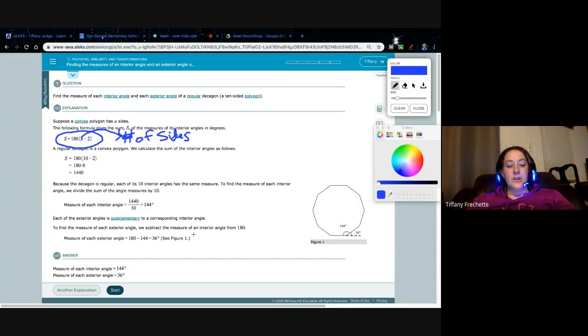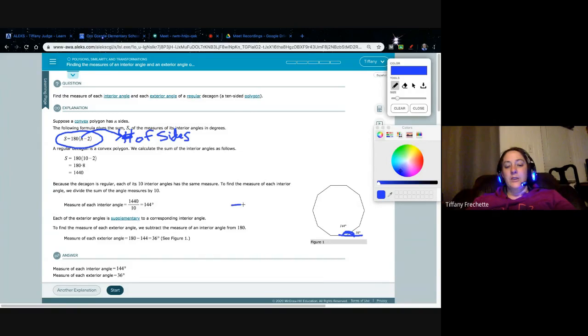To find the exterior angle, we simply just extend one of the lines. Remember, these are supplementary angles, but the better rule for that is a linear pair, because these make a linear pair like this, and a linear pair adds up to 180 degrees because a line is 180 degrees.